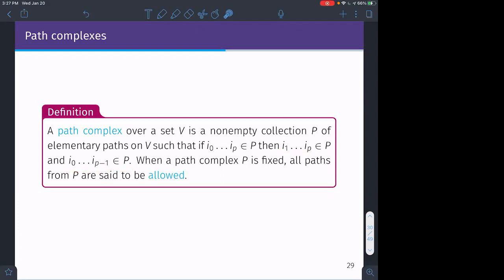So this is the equivalent of being closed under inclusion, let's say in the abstract simplicial sense. Anything I kill from an abstract simplex has to still be a simplex in the simplicial complex. In this case, if I kill the beginning or end vertex of any path, so I'm not really allowed to kill anything in the middle, every time I trim from the ends, those subpaths have to be in the complex, and I say that anything in that complex is an allowed path.